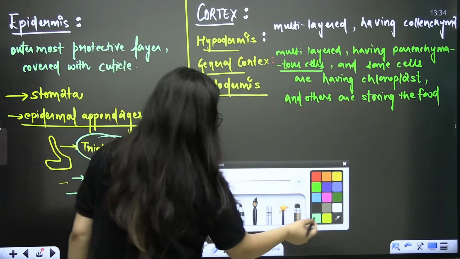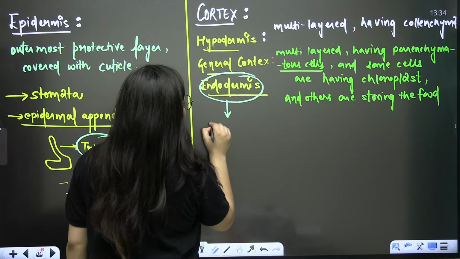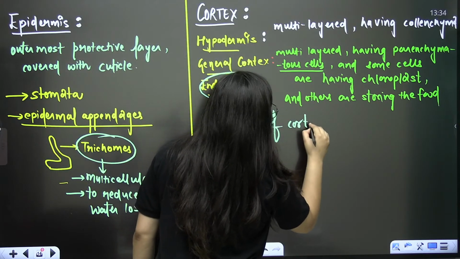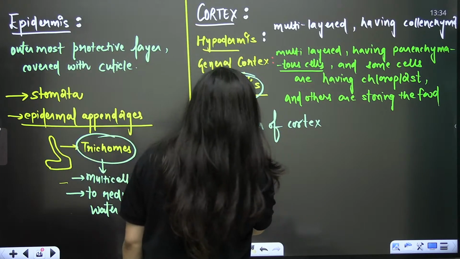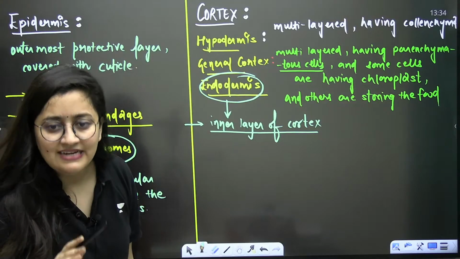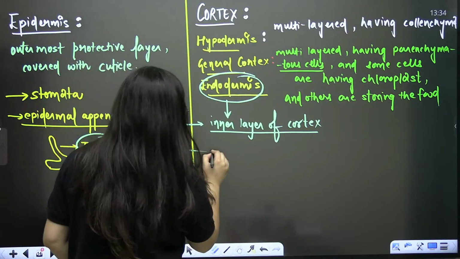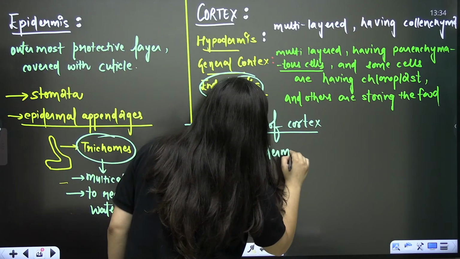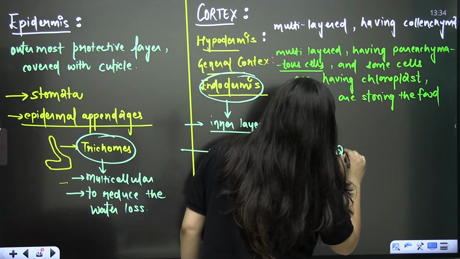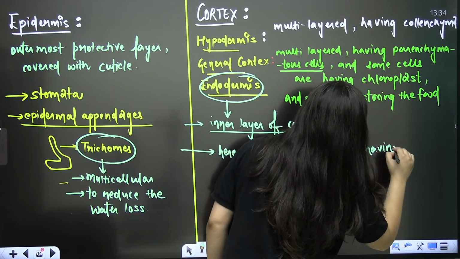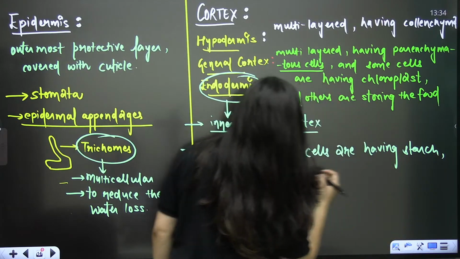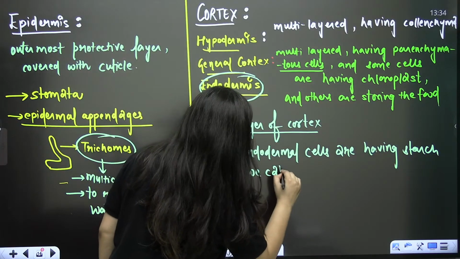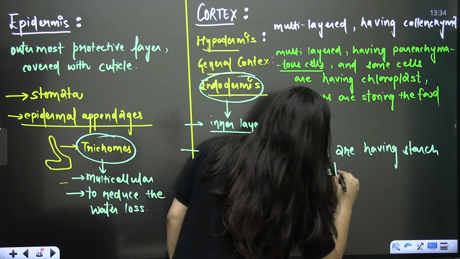Fine. So now the next to it is what? It is the endodermis, the inner layer of the cortex. What is endodermis, students? It is the inner layer of cortex. Because it is a dicot stem, here the endodermal cells have starch, and that's why we call it the starch sheath.